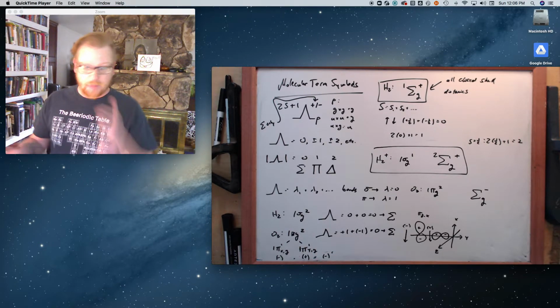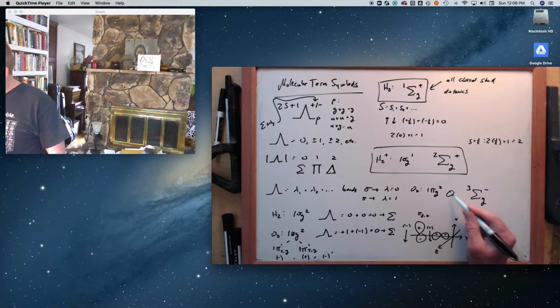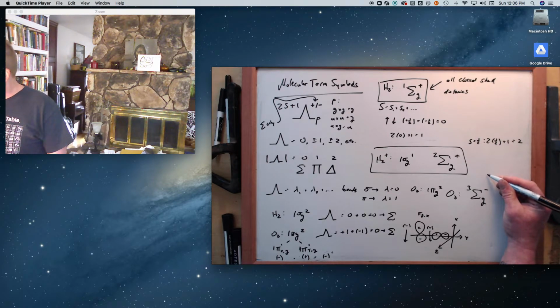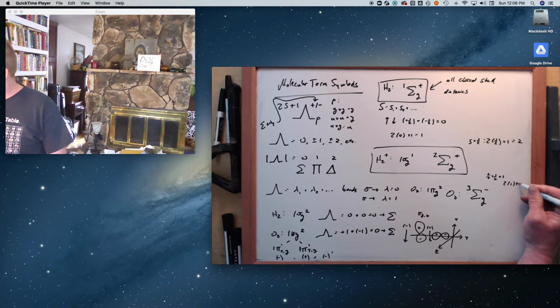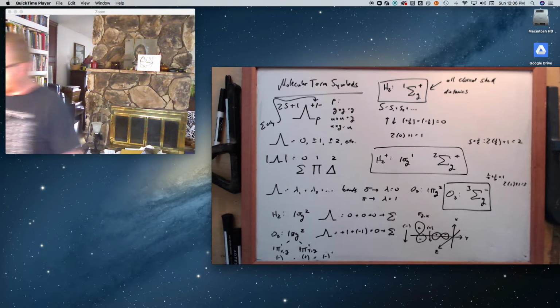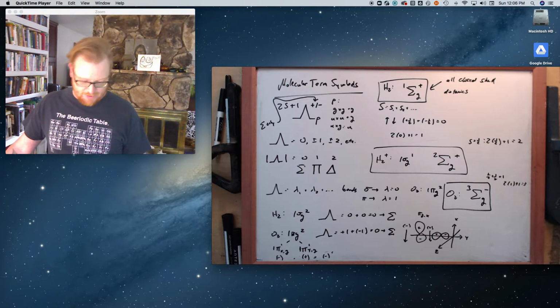They're not paired up, so that makes it a triplet state. If you didn't recognize that, it would be 1/2 plus 1/2 to equal 1, and then 2 times 1 plus 1 equals 3. So there we go. That's my O2 state: triplet sigma g minus.